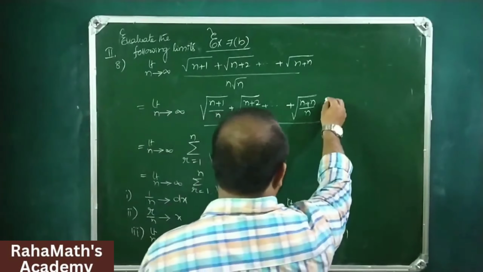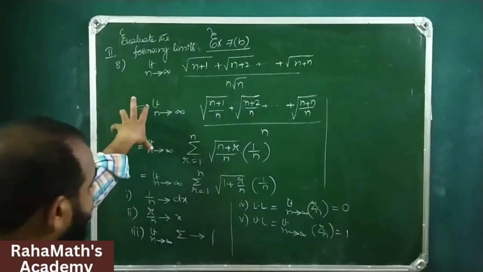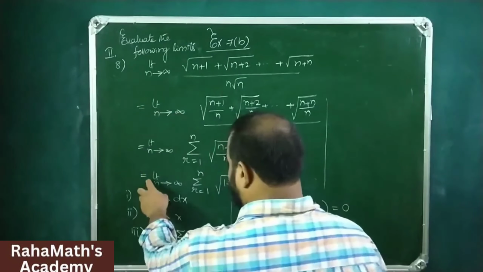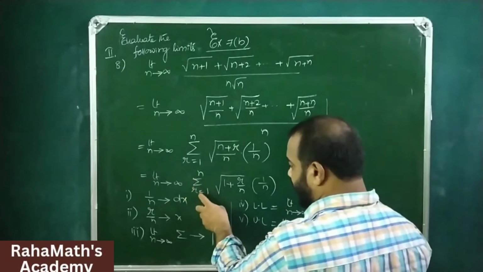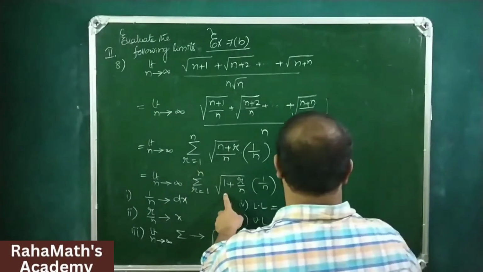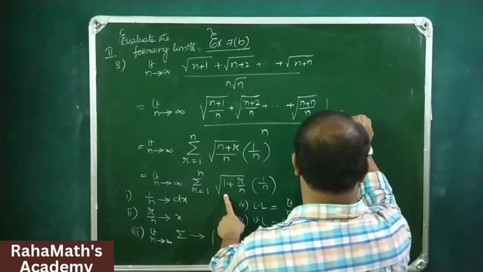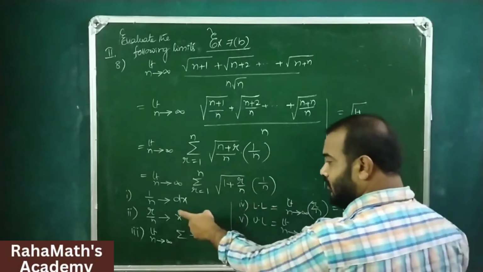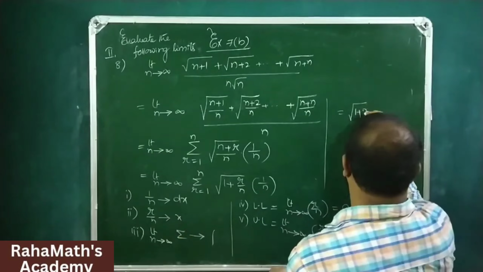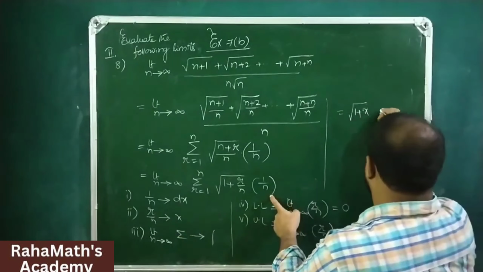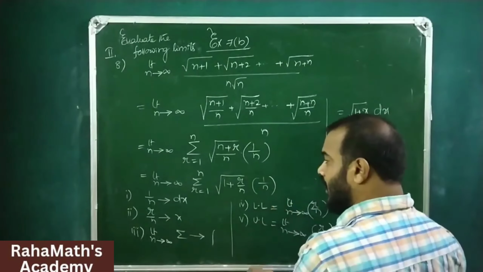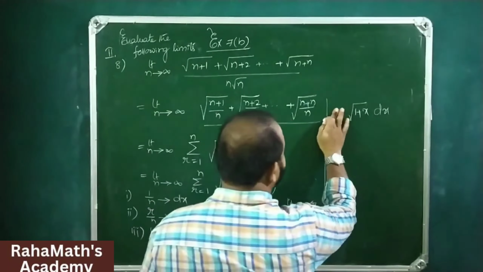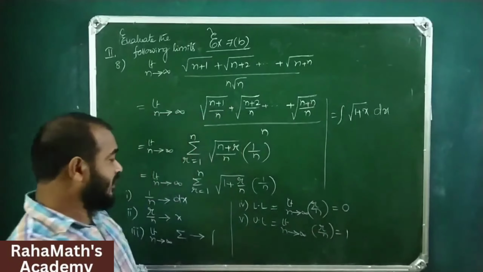Therefore, the total given expression has become, see this here: limit n tends to infinity, sigma 1 to n, square root of 1 plus r by n, where r by n is replaced as x, 1 by n is dx, and limit n tends to infinity, sigma has become integration.